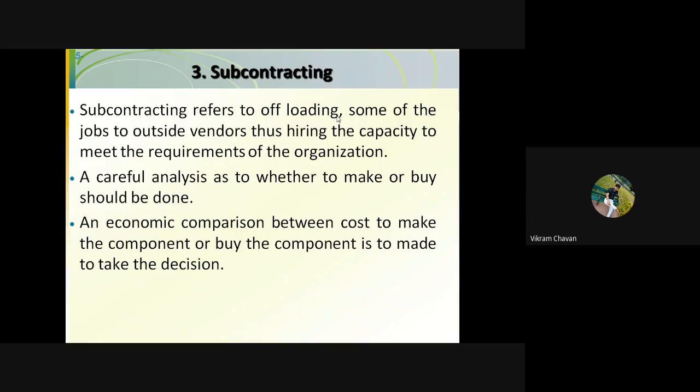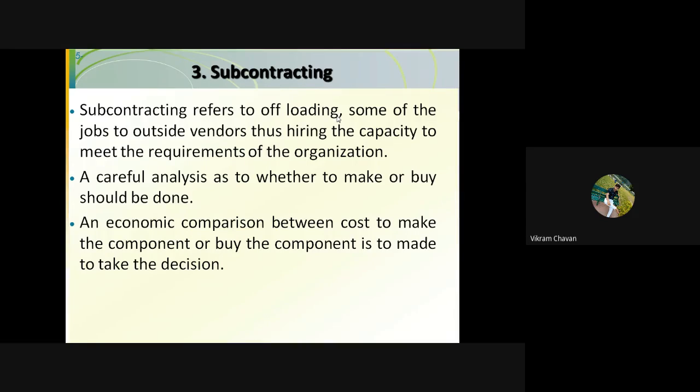It is one kind of analysis that gives the management a guideline on whether we have to manufacture that particular product in our company or buy it. This guideline is given by the make or buy analysis.